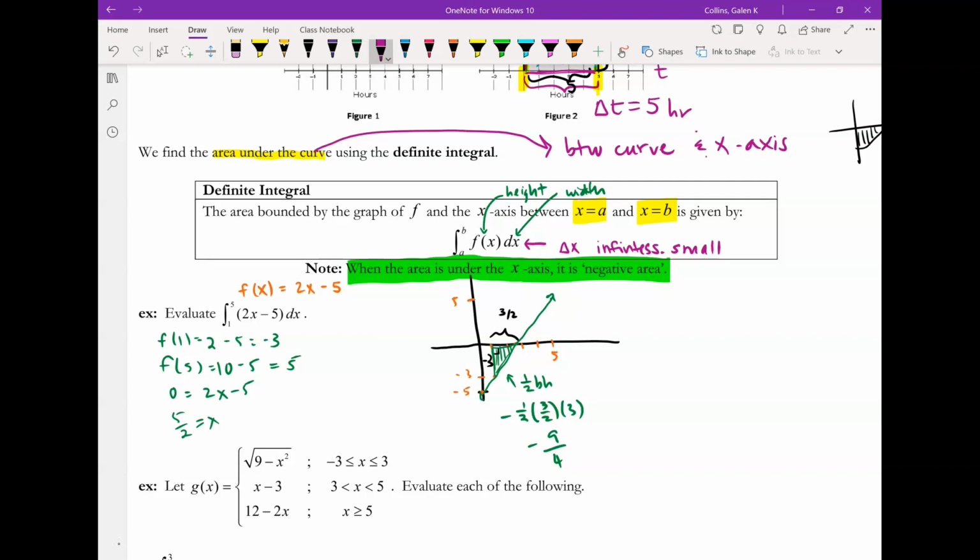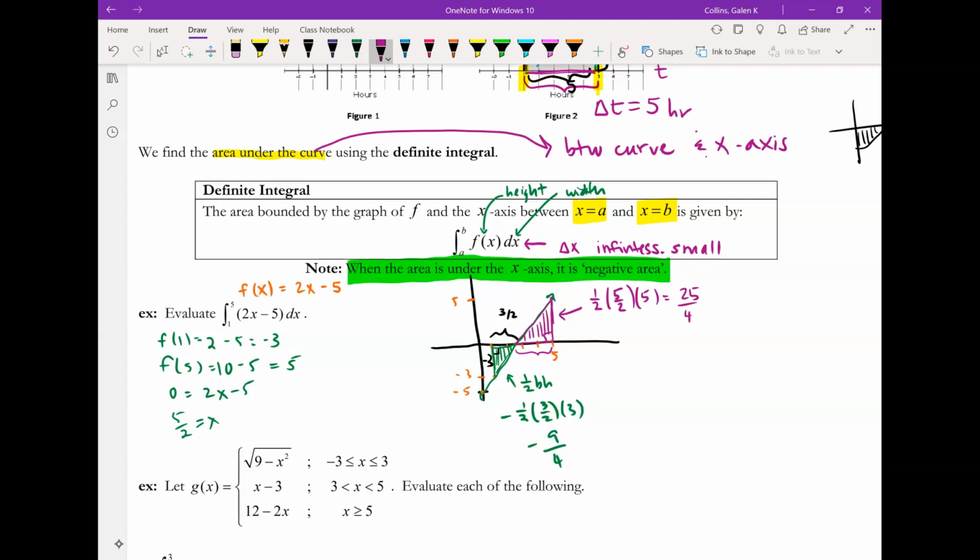Then if I look at the area above the axis, from where x equals 5, where we're at 5 on our curve, back to where x equals 5/2, now we're working with positive area. So 1/2 base times height. The base of our triangle from 5/2 to 5 is 5/2. The height of our triangle is 5. So 1/2 times 5/2 times 5 is 25/4.